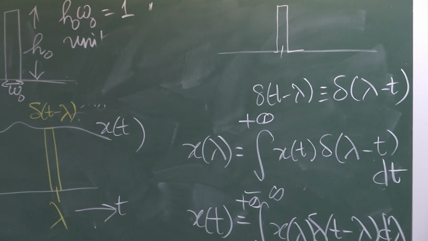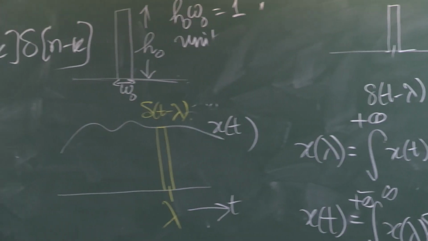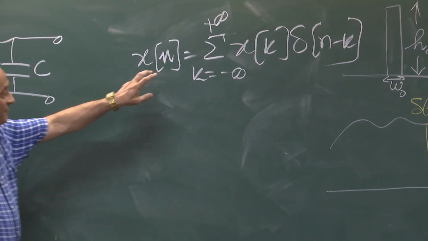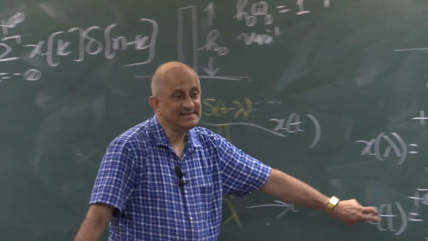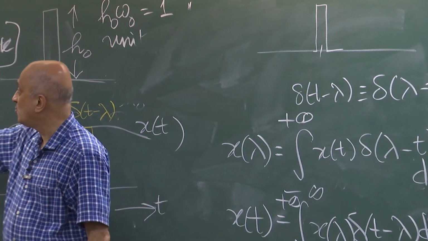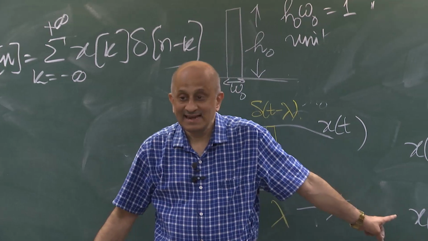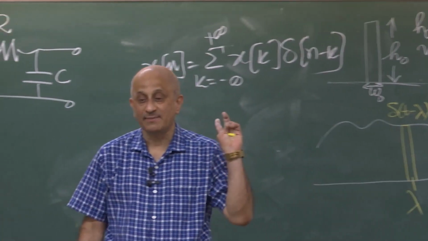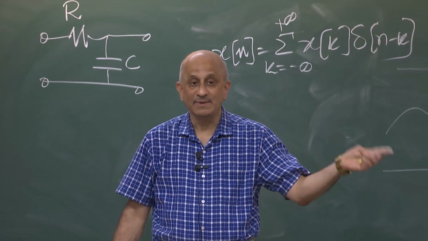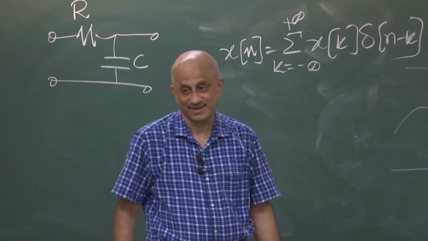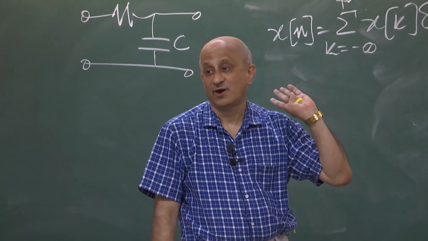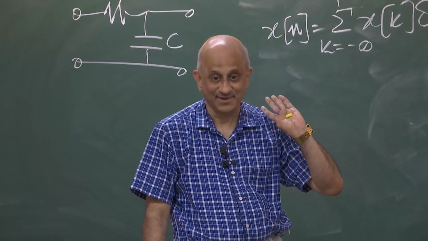Do you see the similarity? The role of n is played by t here and the role of k is played by lambda there. So, what we were doing as summation in discrete time now becomes integration in continuous time. So, now you can see how you can prove the theorem of convolution in continuous time.